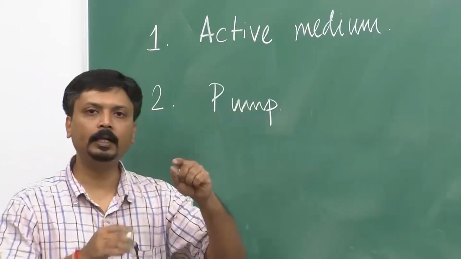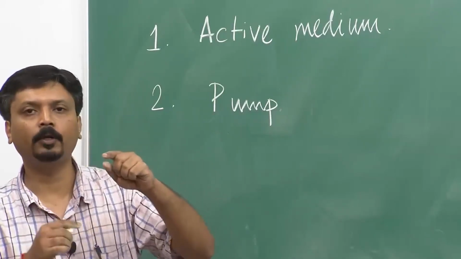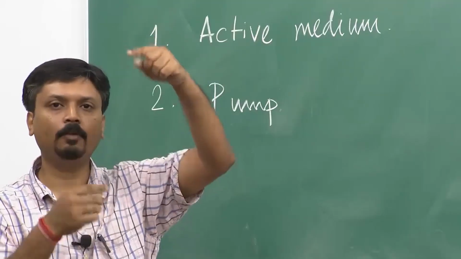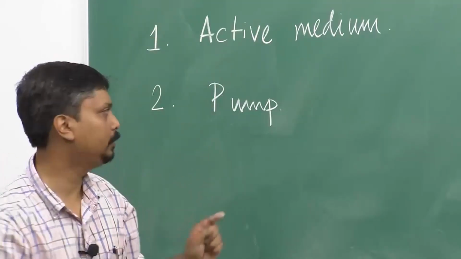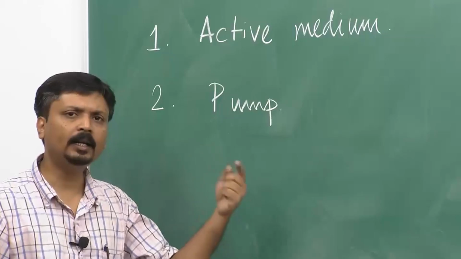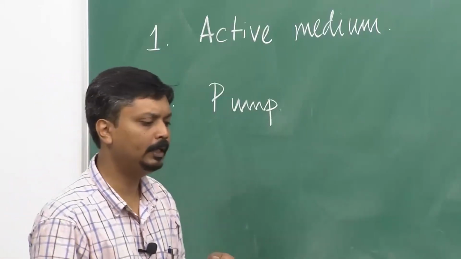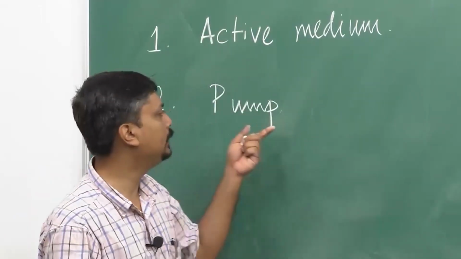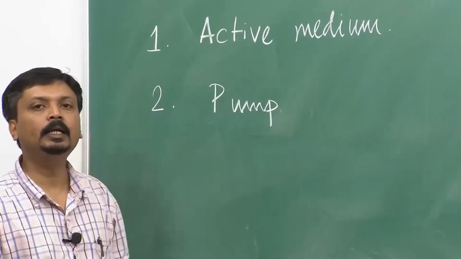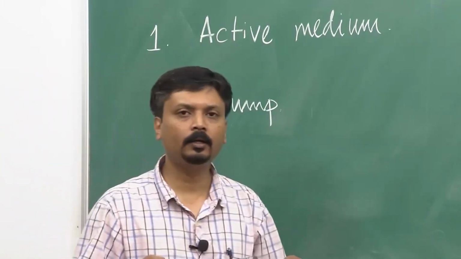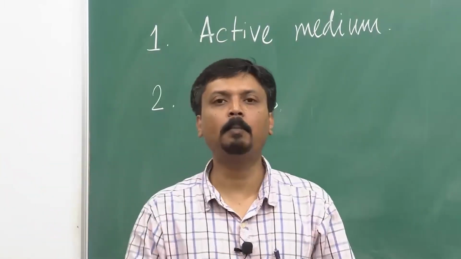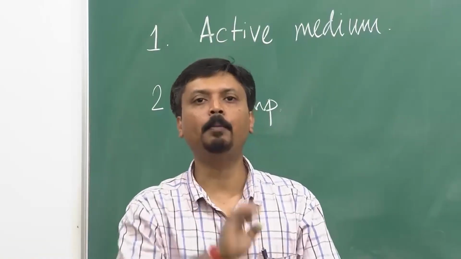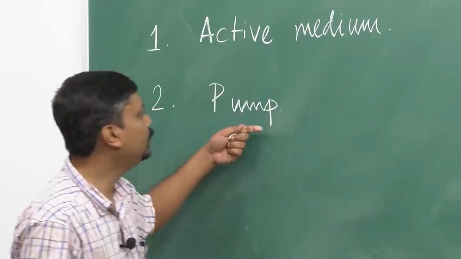The particular energy that is required to pump it from state 1 to the highest energy level is taken from that broadband flash lamp. In certain other active mediums, say for gas lasers such as the argon ion laser, which we will learn about, you use an electrical discharge as the pump. This discharge provides you the energy to pump it. So you need these two.